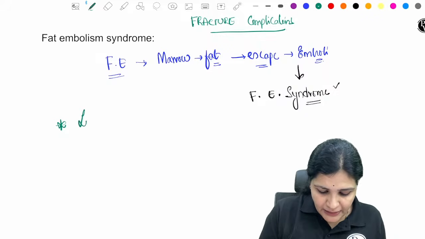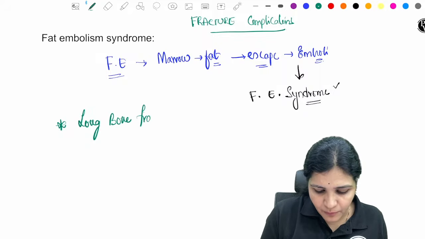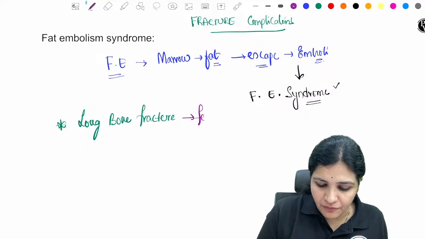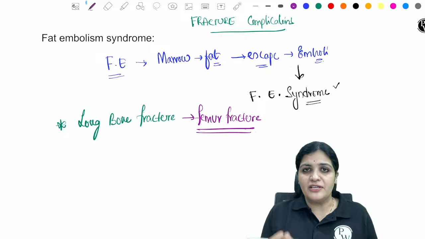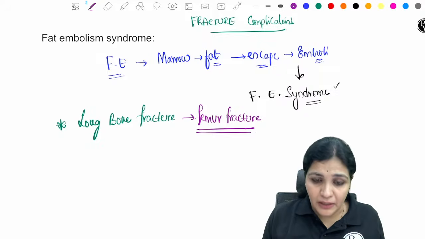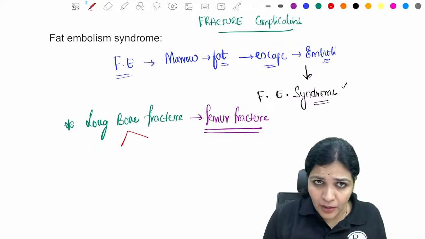We will see it in a long bone fracture, because the long bones have the most amount of marrow, and typically the femur fracture is supposed to result in this fat embolism. So whenever there is a femur fracture or tibia fracture, this will result in fat embolism. So there should be a long bone fracture. So only fractures result in fat embolism? No.